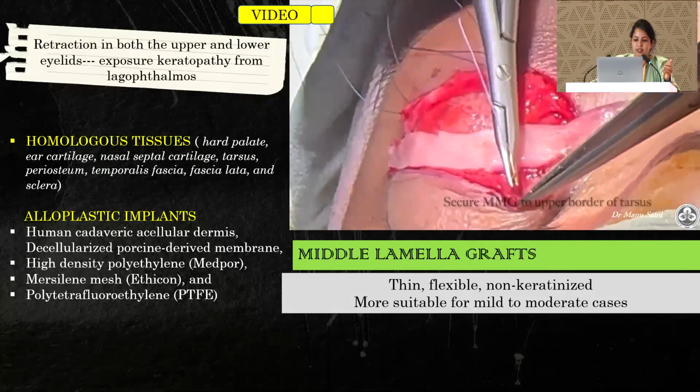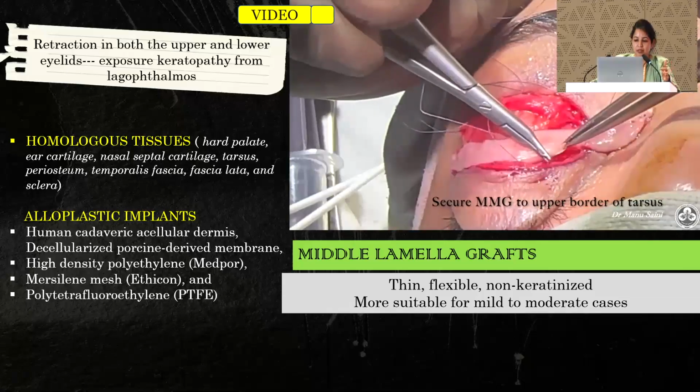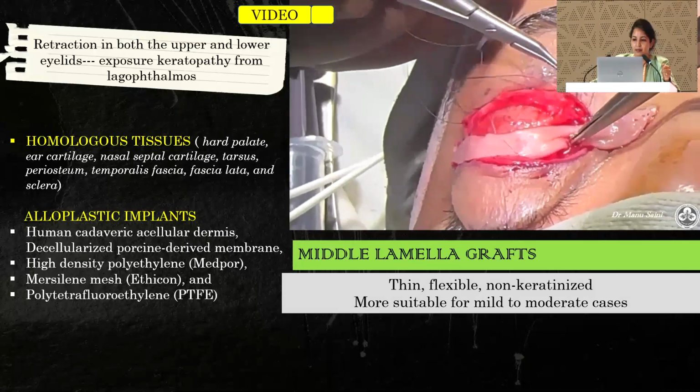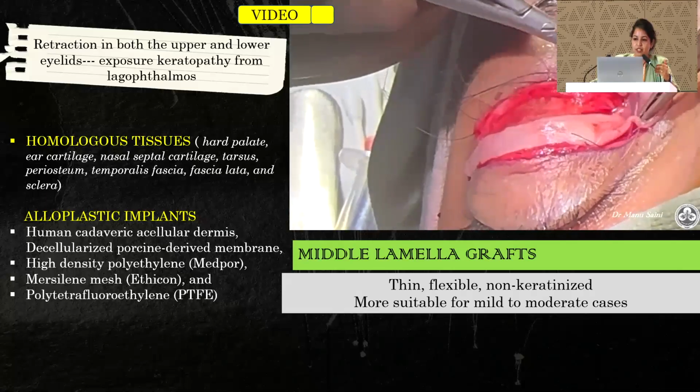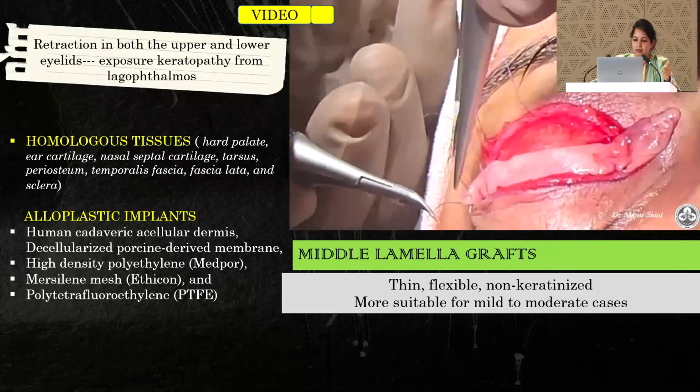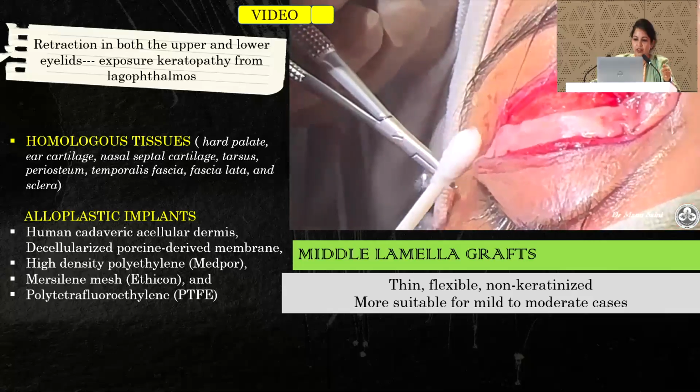However, in the literature, it has been described that it is more suitable for mild to moderate cases. MMG is secured to the tarsus and superiorly secured to the recessed retractor.